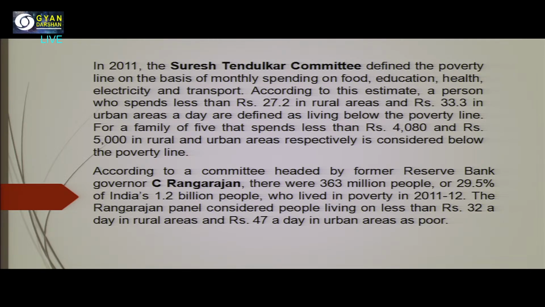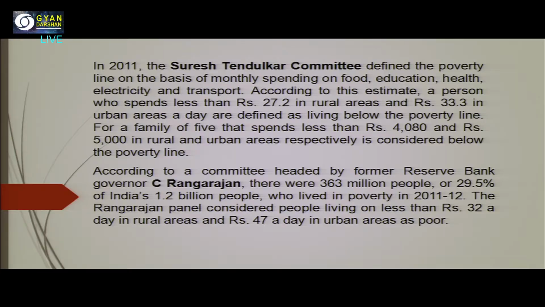Okay, so this means that for a family of 5, any family which spends less than rupees 4,080 in the rural areas and less than rupees 5,000 in the urban areas is considered as poor. This is as per the Suresh Tendulkar Committee.